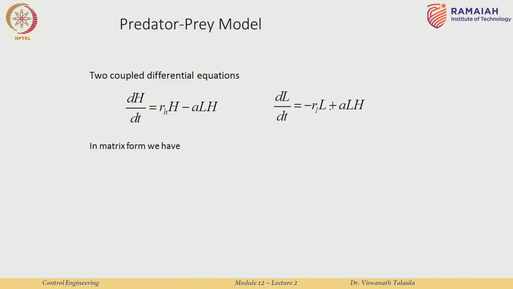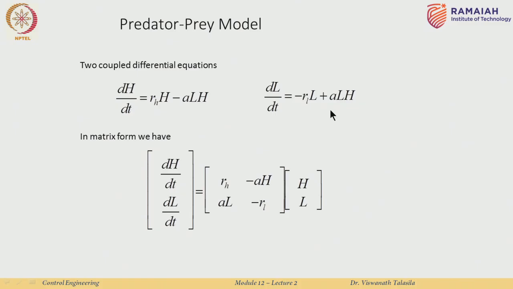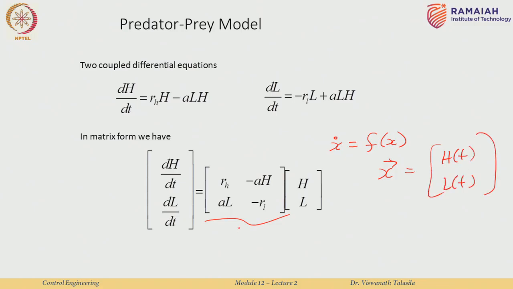So, if we just rewrite this in a matrix form, we essentially have this expression over here. Okay. This is again your classic state space form, and this is not the A matrix as we call it in the linear case. So, this is basically x dot equal to f of x, where my state vector x is basically H of t and L of t, all right, and this is the f of x over here.